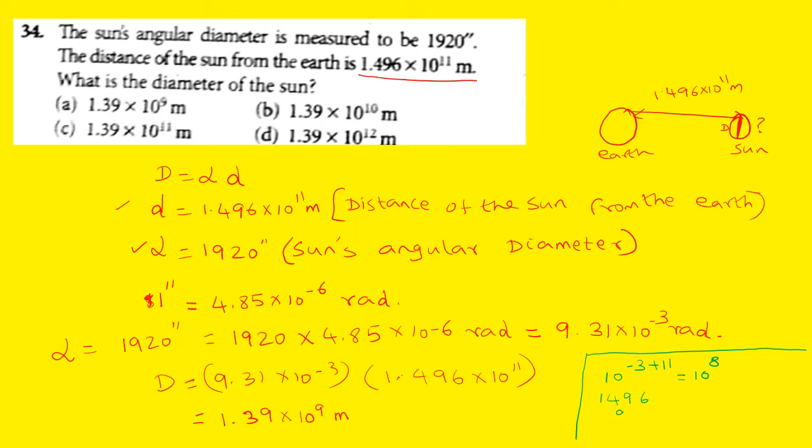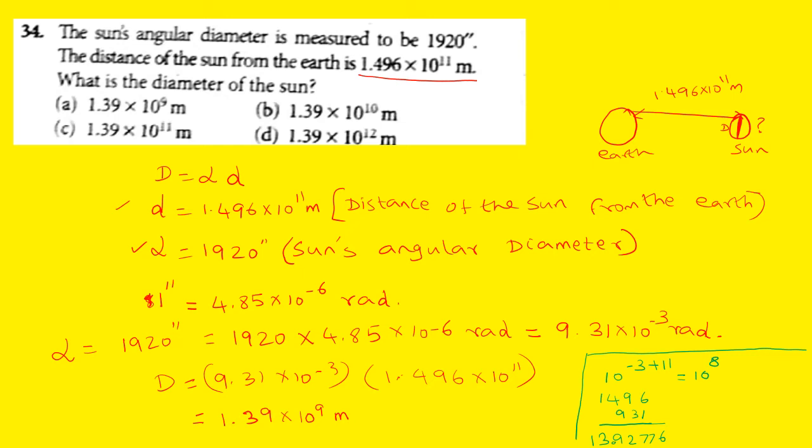Take only the numbers and multiply. I'm just doing it with the calculator. 1496 times 931 is 1392776. Now you count, children. Here 3 decimal places, here 2, so total 5. So from the last, 5.